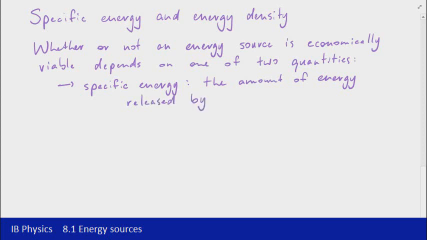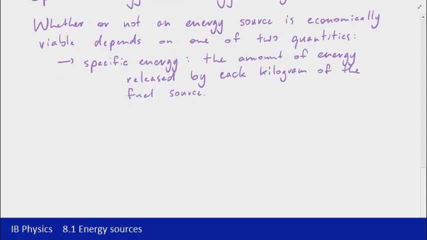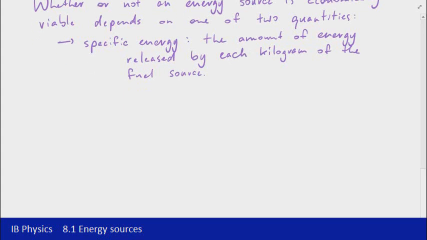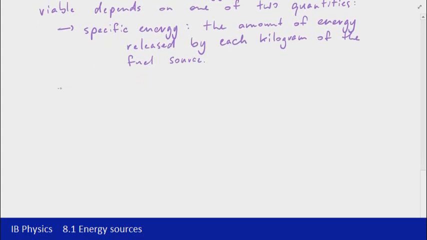And released by each kilogram of the source. And so that's one measure that we can use, so the amount per unit of mass. And the other one then is energy density.